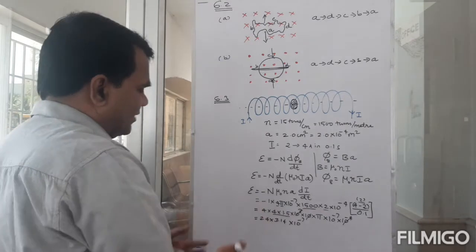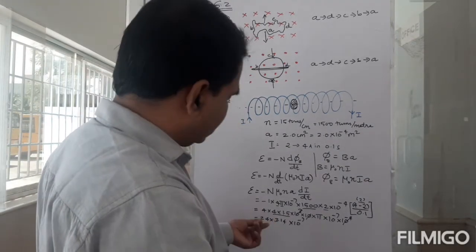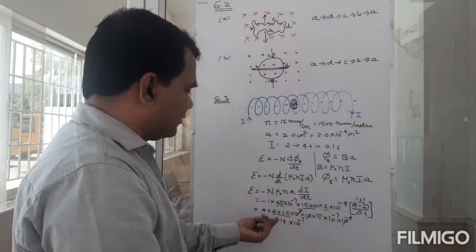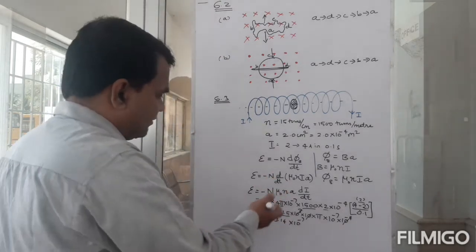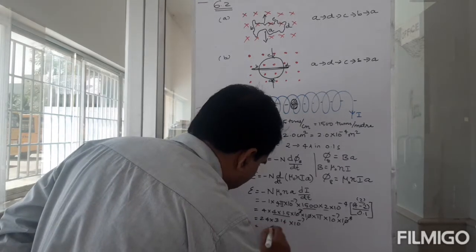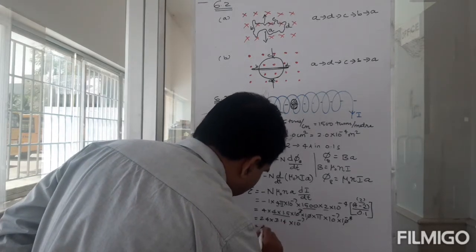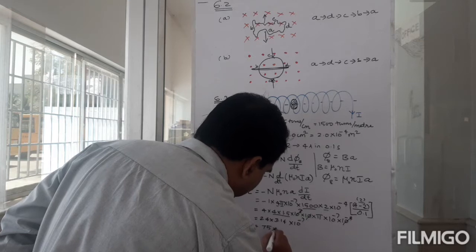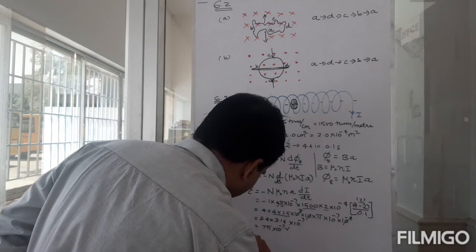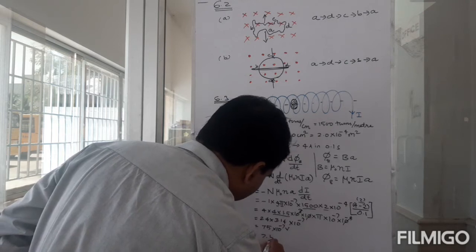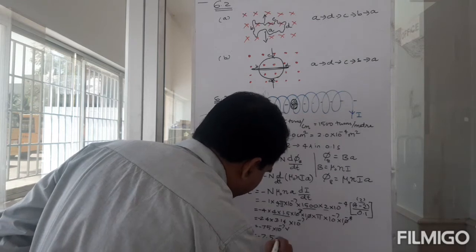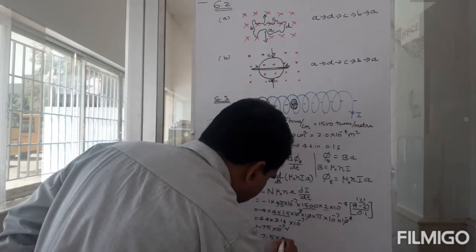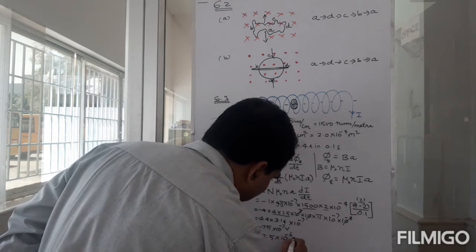So 24 into 3.14, somewhere around 75, right? So approximately 75 into 10 power minus 7 volts, which is also equal to 7.5. Let me have a negative sign. Minus 7.5 into 10 power minus 6 volts.